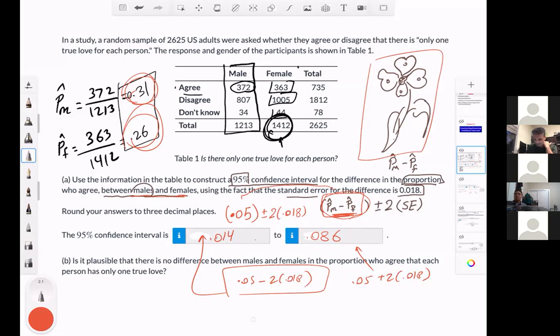And 0 is not between 0.014 and 0.086. So it's not in the interval.